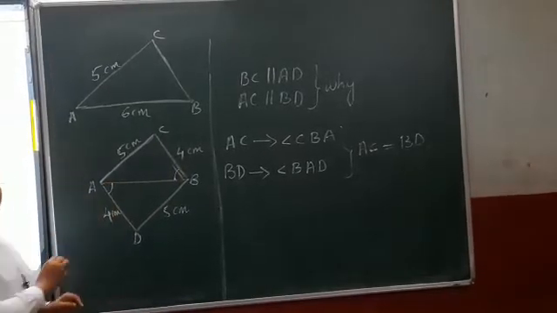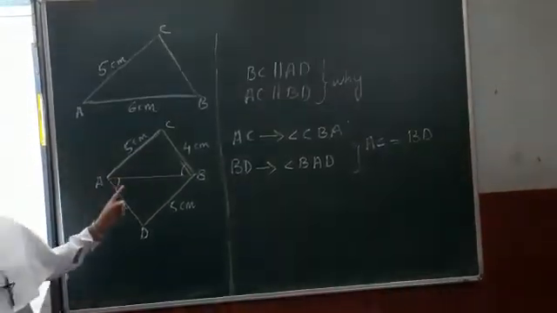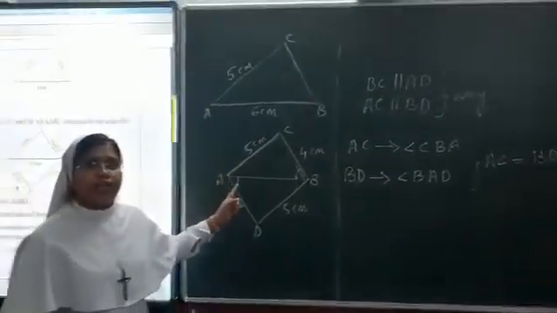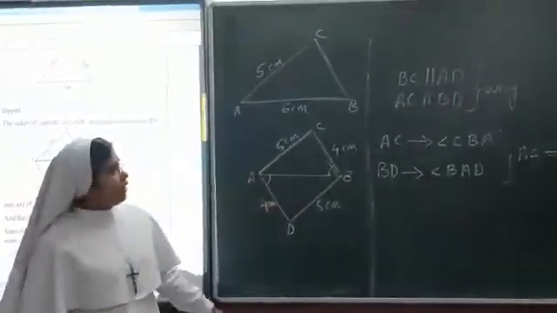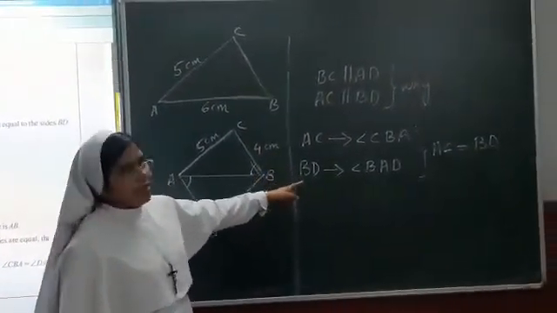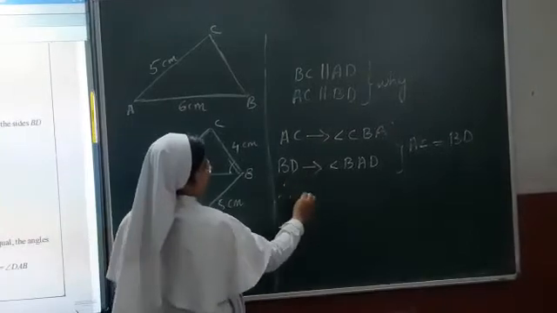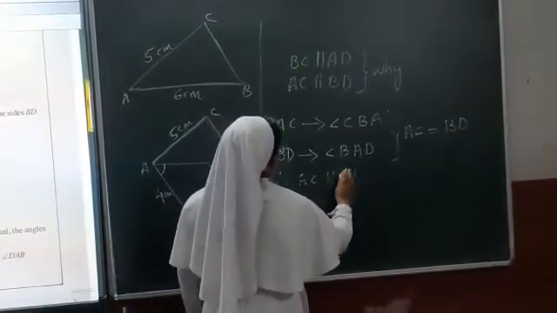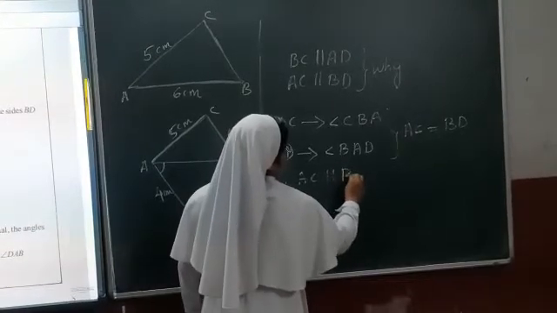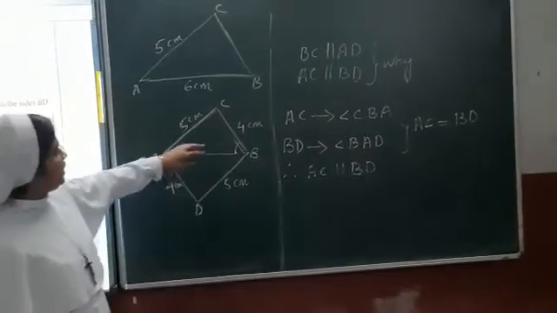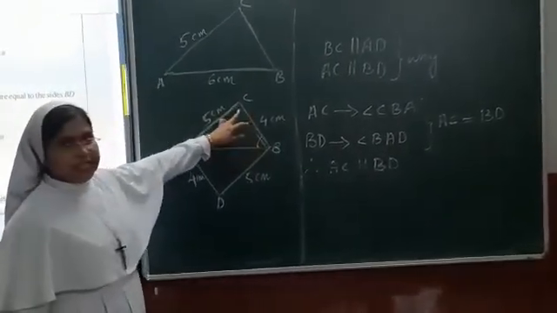These two are equal, which means we understood that these are parallel lines in which alternate angles are equal. Therefore, we can say that AC is parallel to BD.